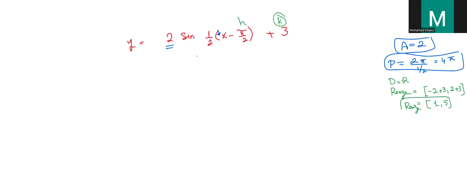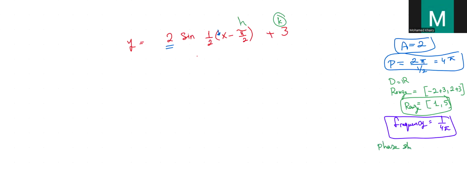Okay? Fine. Frequency here equals 1 over 4 pi. Right. After that, what do I have after frequency? I have to find phase shift. What is phase shift? It's the horizontal translation.